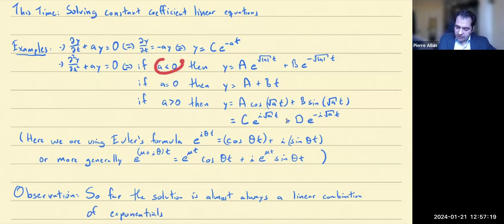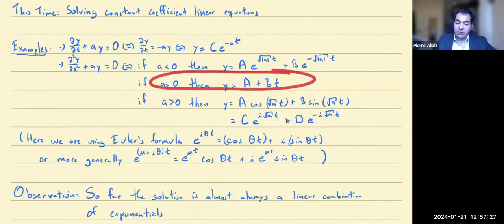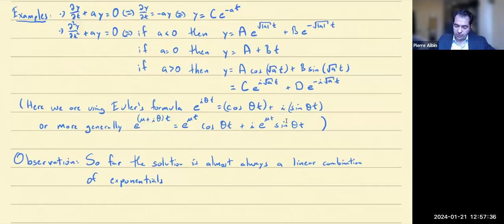So if a is negative, you get a linear combination of exponentials. If a is positive, you get a linear combination of exponentials, right? And it's only this case that's a bit different because we ended up with a polynomial. Okay, but in most cases, we just ended up with a linear combination of exponential functions.